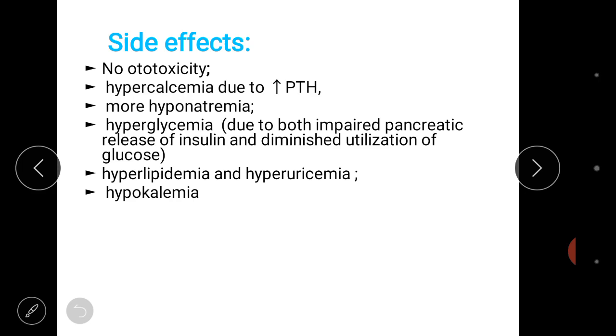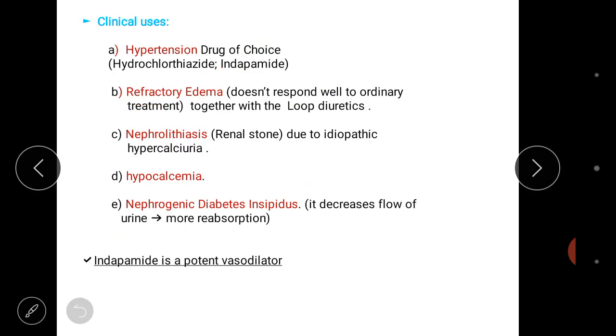So here there is no hypocalcemia. Instead we have hypercalcemia due to increased parathyroid hormone. No ototoxicity when compared to loop diuretics. Hyperglycemia will be there, hyperlipidemia, hyperuricemia will be there. Again here also uric acid level will be high, and with hypokalemia, potassium level will be low.